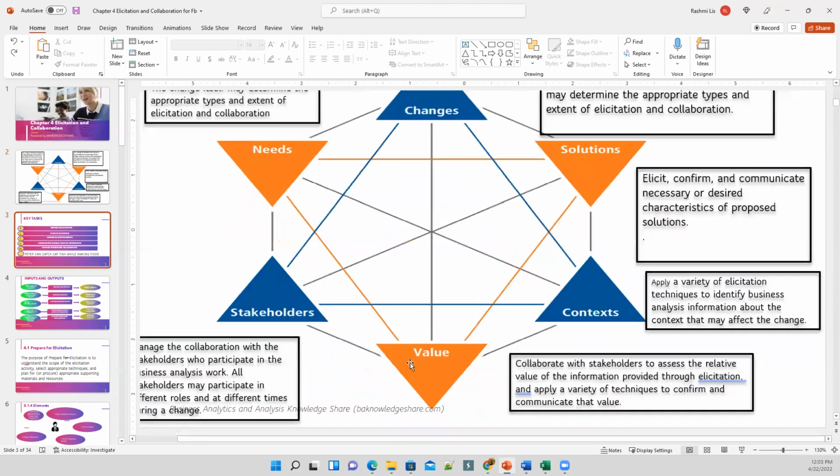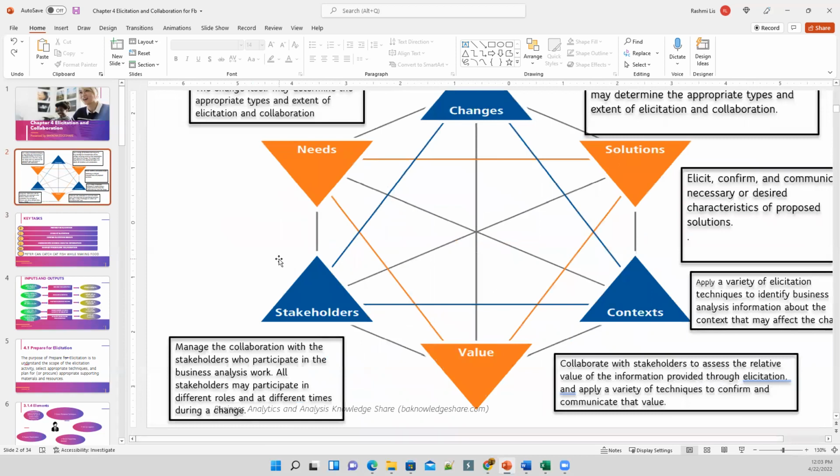Then we collaborate with stakeholders, and that's value. Collaborate with stakeholders to assess the relative value of the information provided through elicitation and apply a variety of techniques to confirm and communicate value. The next one is stakeholders. Manage the collaboration with stakeholders who participate in business analysis work. All stakeholders may participate in different roles and at different times during a change.